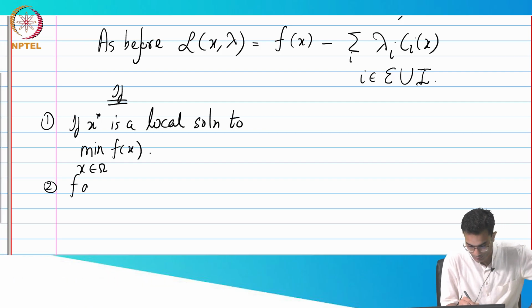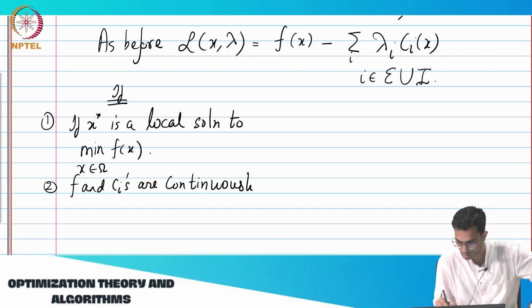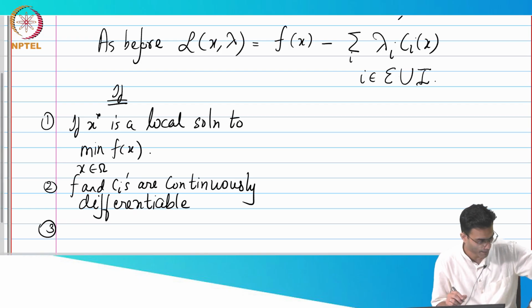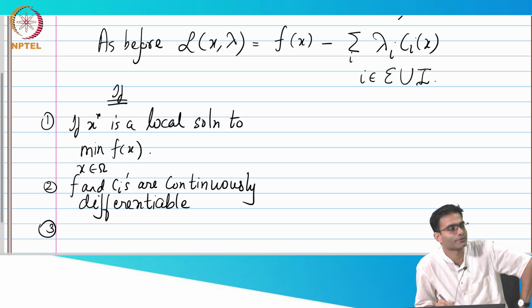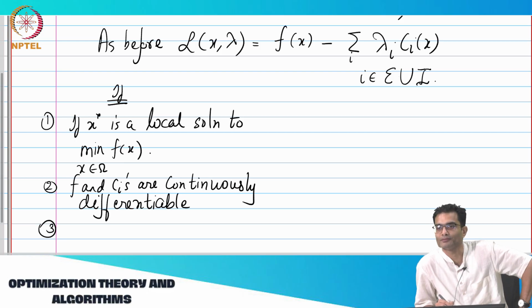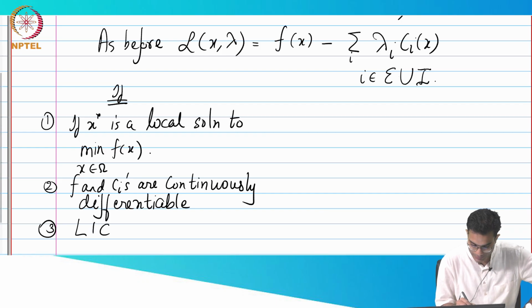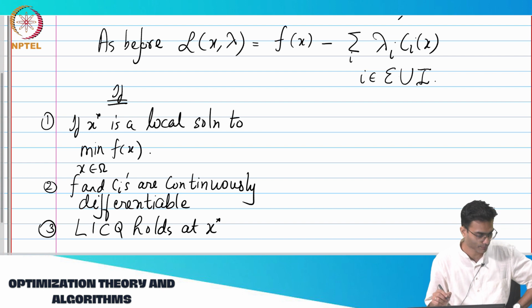So f and the c_i's are continuously differentiable. What is the third condition you think? It's something very related to what we just did. Louder. LICQ, right? LICQ holds at x star.